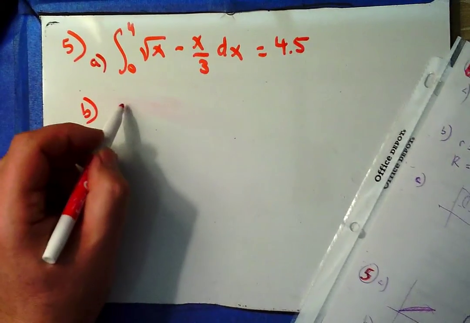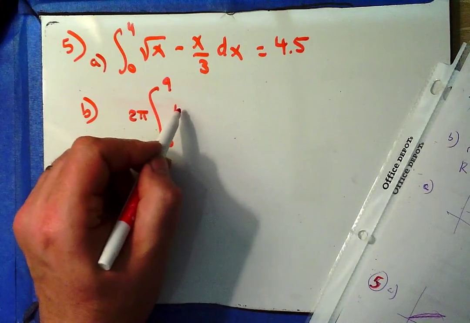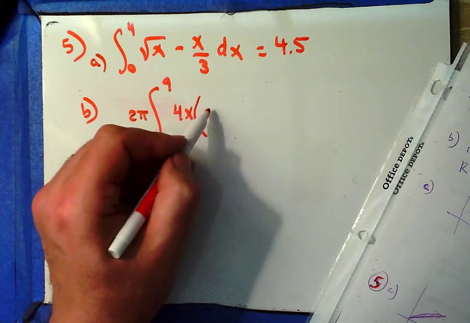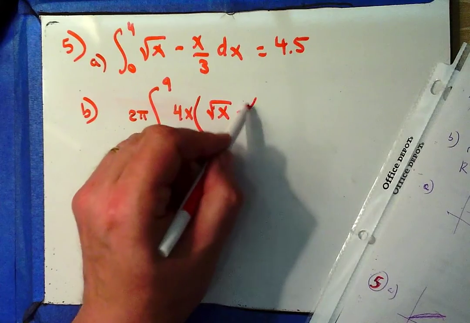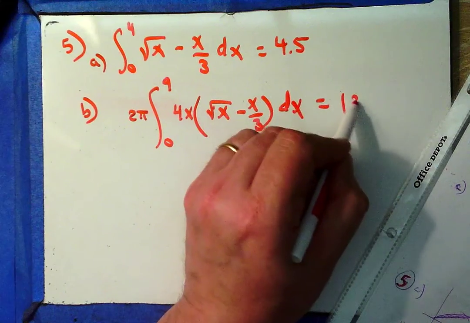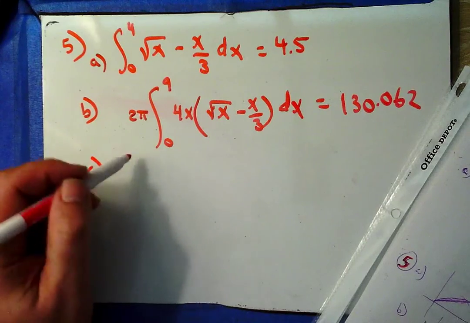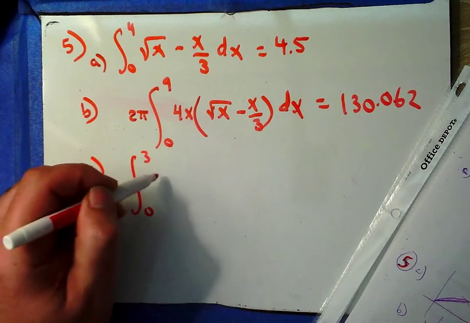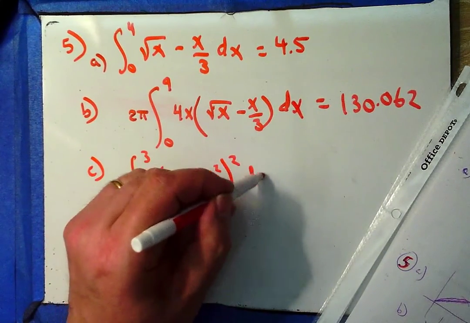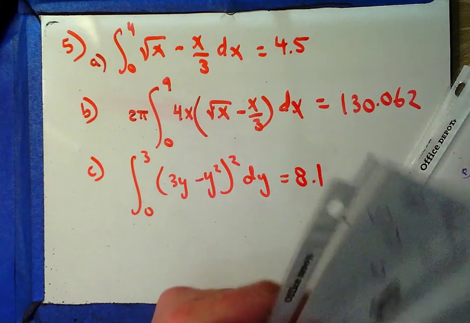In part B, I had 2 pi integral 0 to 9 of 4x times square root of x minus x over 3 dx, and this was 130.062. And for part C, I had the integral from 0 to 3 of 3y minus y squared dy for 8.1. Okay, so that was 5.